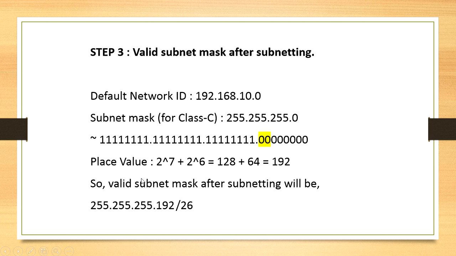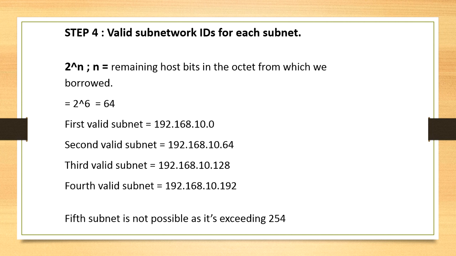So the valid subnet mask after subnetting will be 255.255.255.192, where the CIDR is 26. As I just said, a total of 26 network bits.